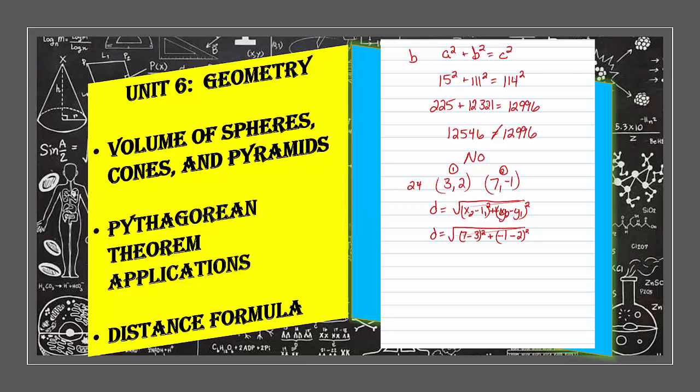D is equal to the square root of 7 minus 3 would be 4 squared, plus -1 minus 2 is -3 squared, where d is equal to now the square root of 16 plus 9. D is equal to now the square root of 25. And d is equal to 5. So the distance between those two ordered pairs is 5.